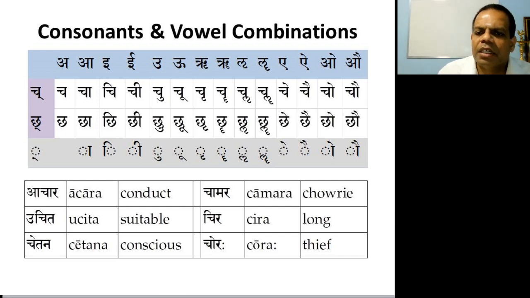The next word is Chamara. Chamara means chauri. I don't know whether you recognize it, it's like a fan. All of you have come across Chamara Karna. Ganesha, Vigneshwara, is called Chamara Karna. His ear is like the chauri.